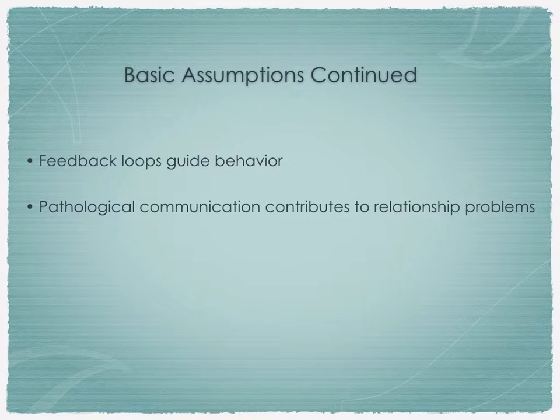And the next assumption is pathological communication. It contributes to relationship problems. This pretty much means if someone in the relationship has issues in their head, then they will be causing problems in the relationship. I'm sure a few of us have met or dated someone who's not exactly all the way there.